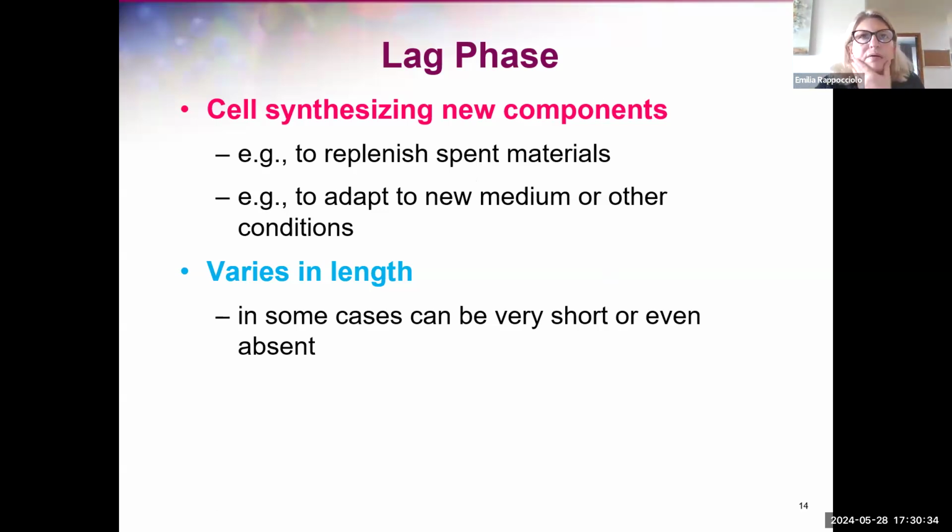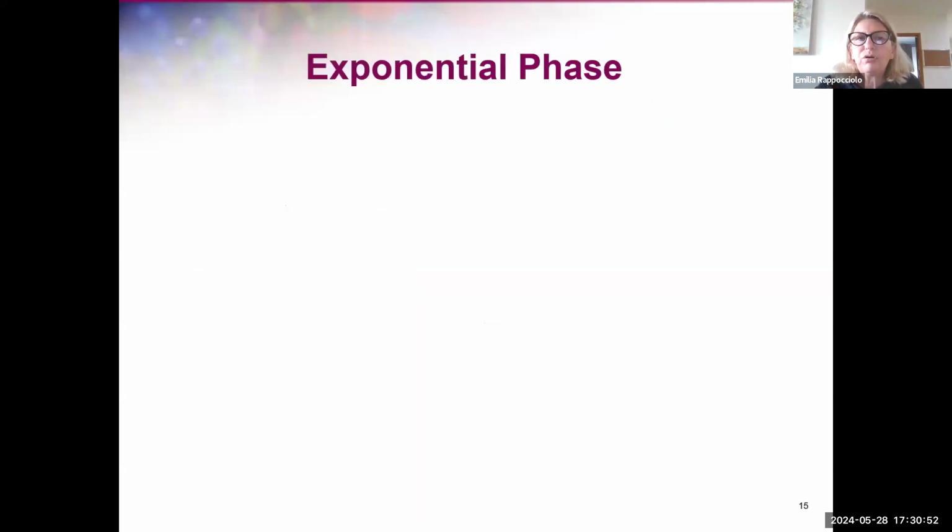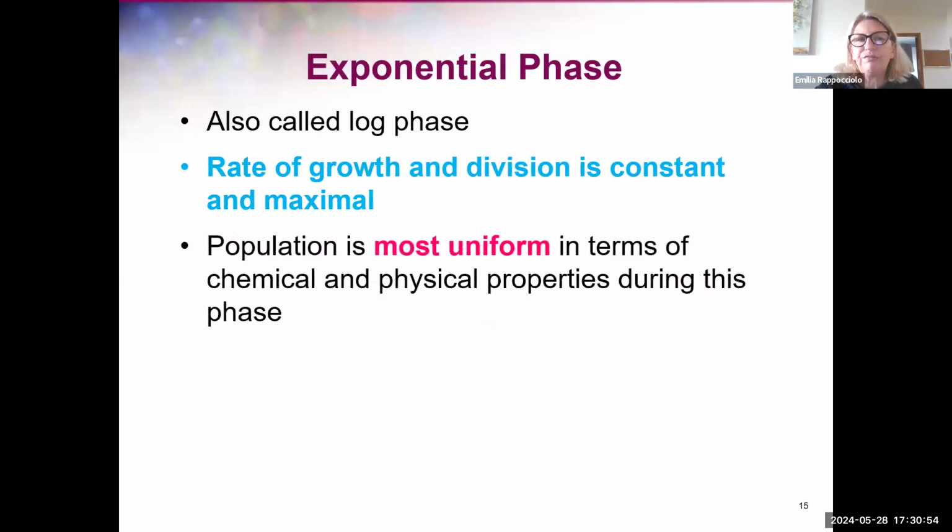All these things might take place until the cell is ready to divide. When the cells are ready to divide, they start division. And from one cell you get 2, from 2 you get 4, 8, 16, 32, 64, and so on. And so you enter the exponential growth, the exponential phase, also called logarithmic phase.